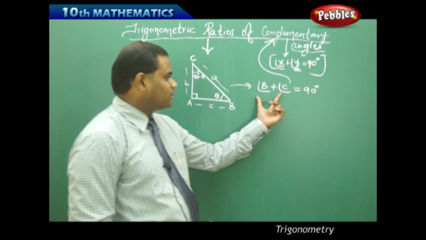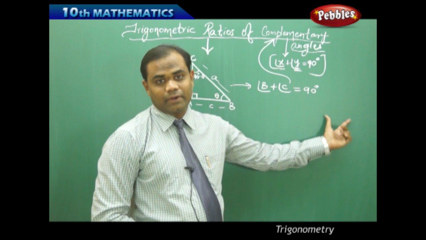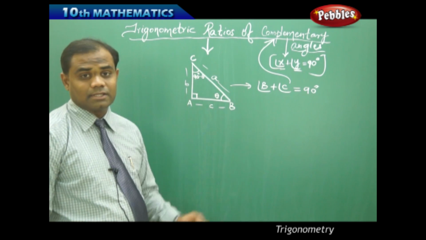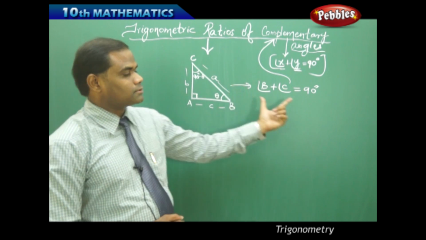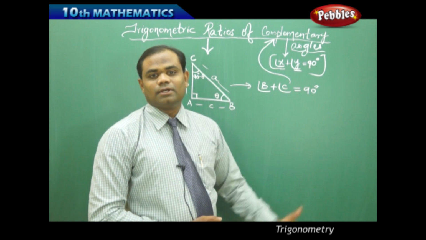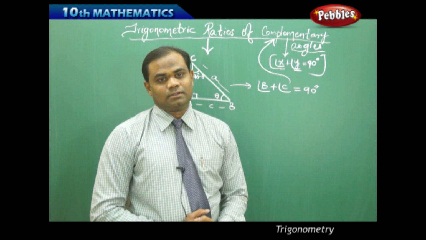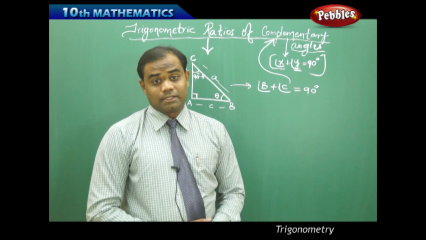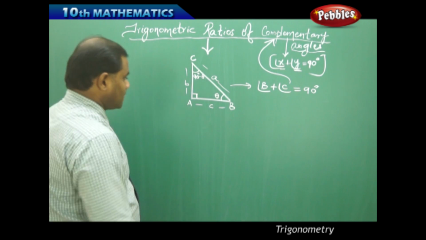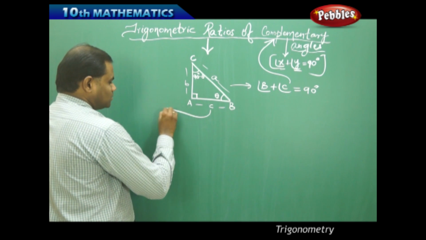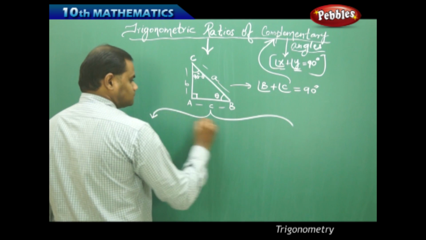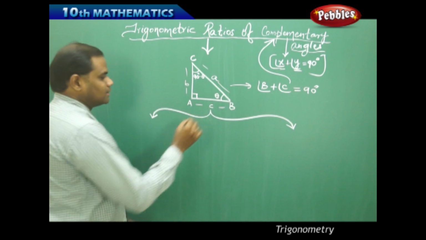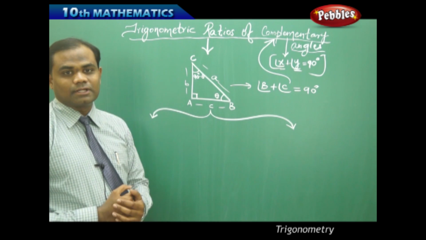And using this complementary angle property of a right angle triangle with angle B plus angle C equal to 90 degrees, we are going to connect the trigonometric ratios with the property of complementary angles. So let's see how it is possible. I take two sets of trigonometric ratios, one for angle theta and one for angle 90 minus theta.